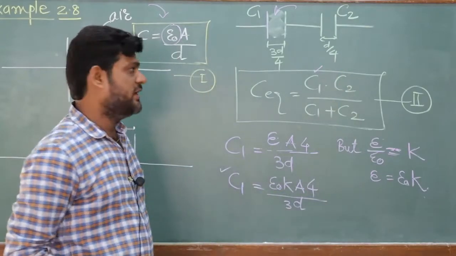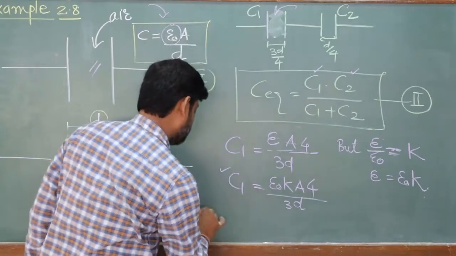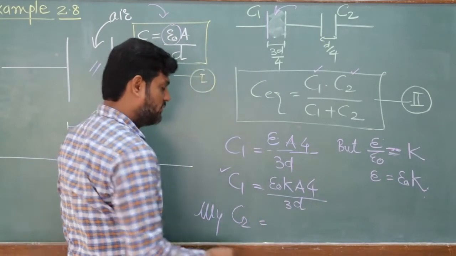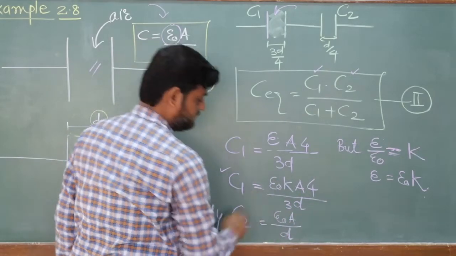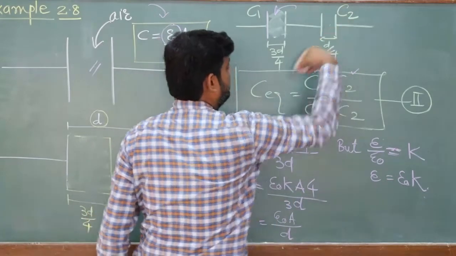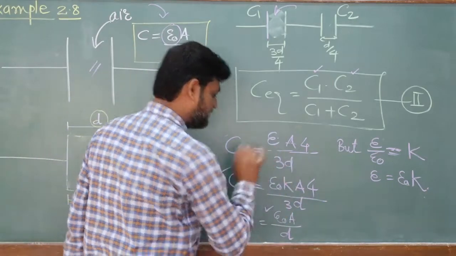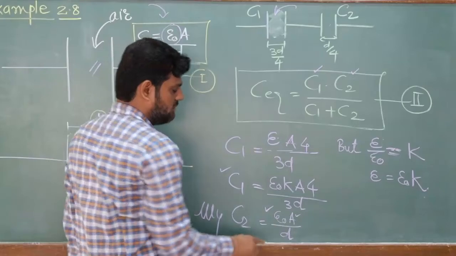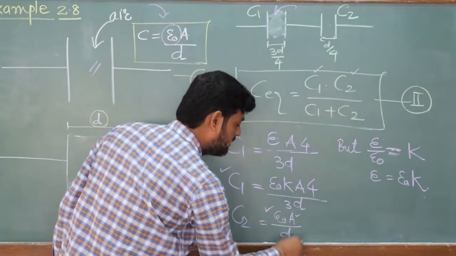Similarly, we will obtain the value of C2. What is C2? We write the general formula, epsilon 0 A by D, where epsilon 0 is the permittivity of free space. Here the air medium is present, so epsilon 0 remains epsilon 0. A is the area of each plate, so A remains as it is. What about D? D is replaced by D by 4.